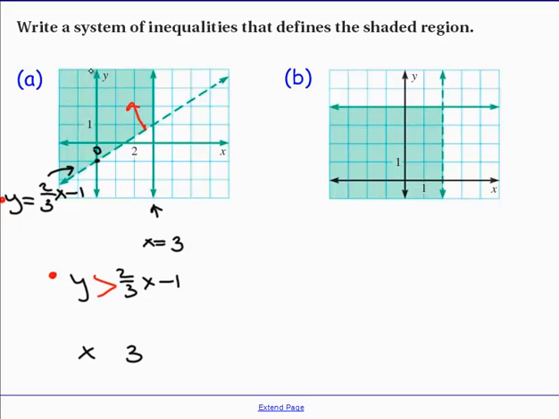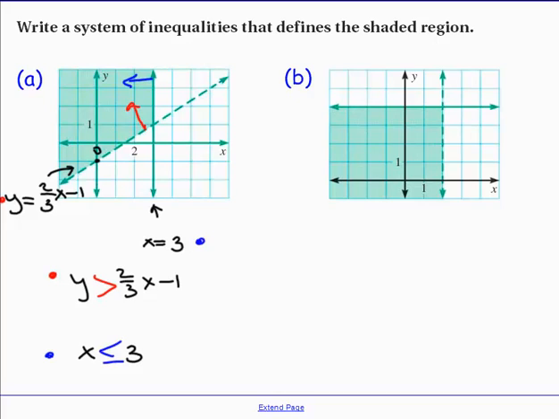And you know that it's not part of the solution because the shading doesn't stop to the right or to the left. It's a little easier. So over here we shaded everything to the left, which means that we chose all the x's less than, and the line is solid, so we do need the equal sign. So that's our system of two equations right here.